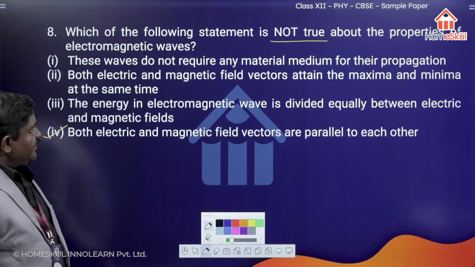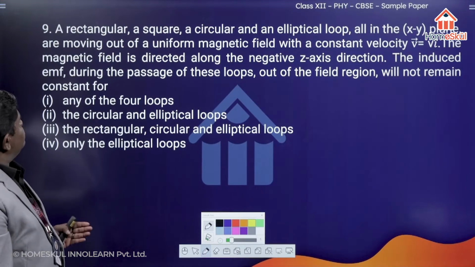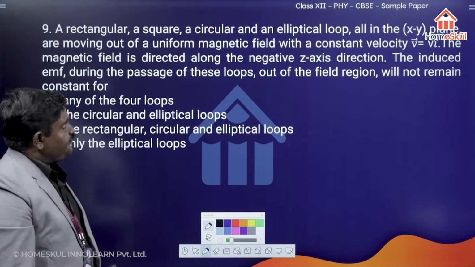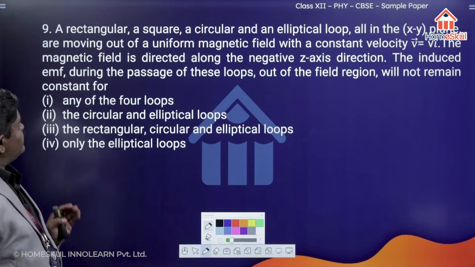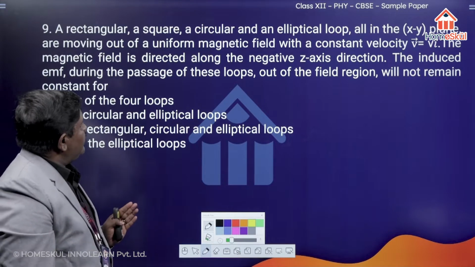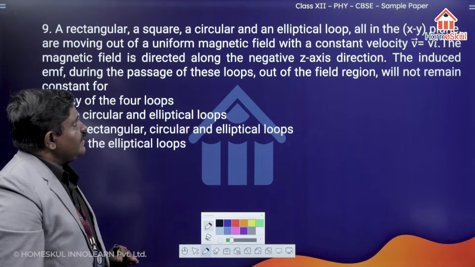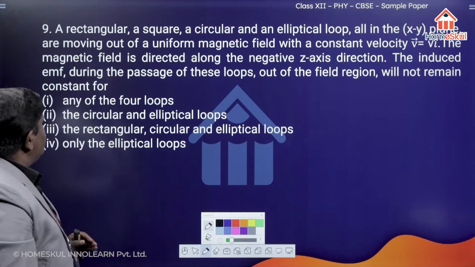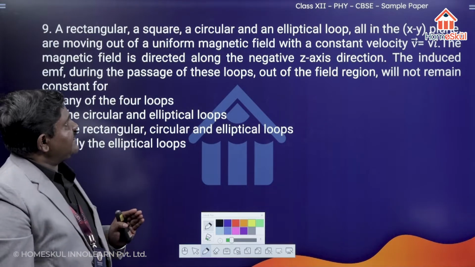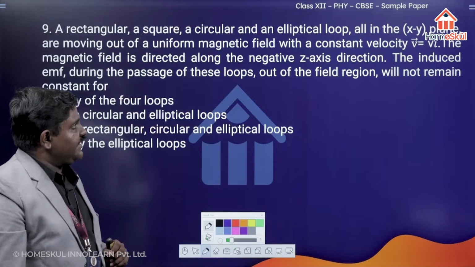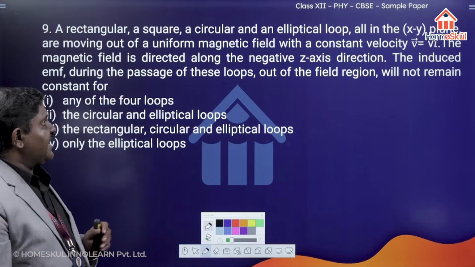Clear? Then the 9th question. A rectangular, a square, a circular and an elliptical loop, all in the XY plane, are moving out of a uniform magnetic field with a constant velocity vector v equal to v i.